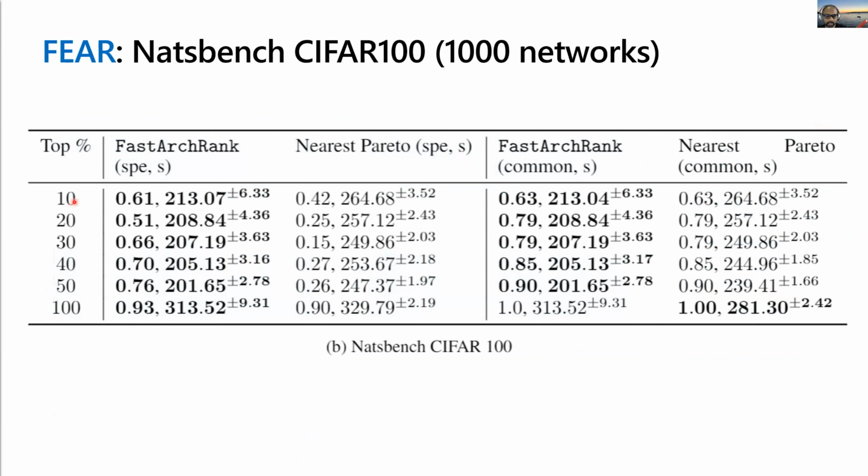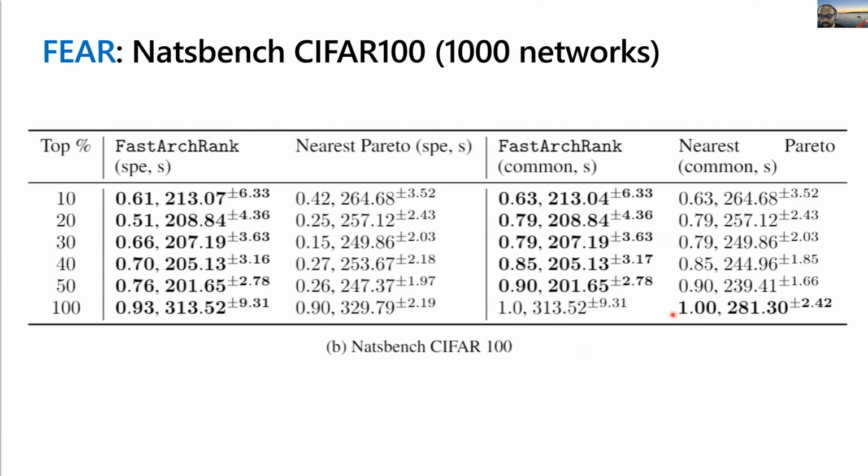In each of these cumulative bins, this side is Spearman correlation, and this side is common ratio of overlap. You see that FEAR does much better than doing shortened regular evaluation and picking the nearest. These numbers come from picking the nearest Pareto frontier on both. And obviously, one thing you will notice is that the common ratio should degenerate to 1 when you take all the bins, because they all commonly overlap irrespective of their ranking.